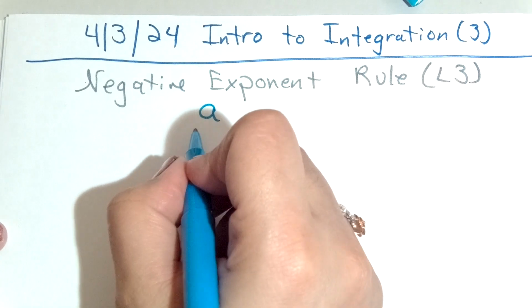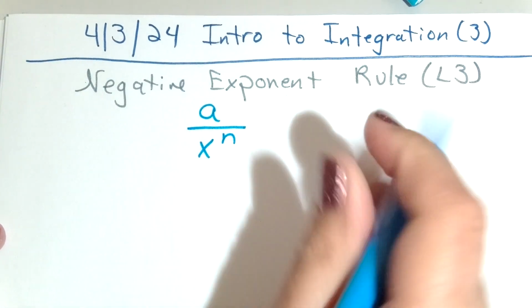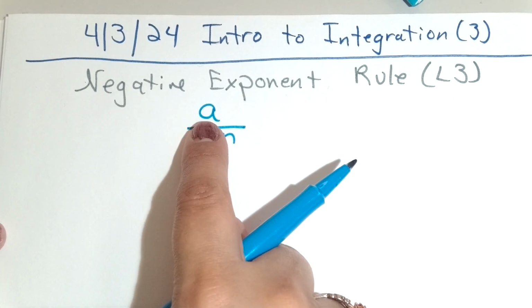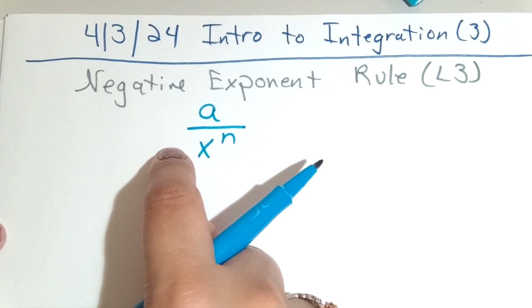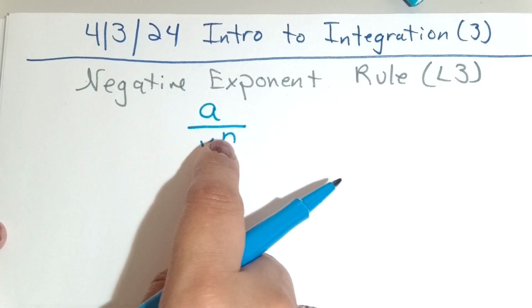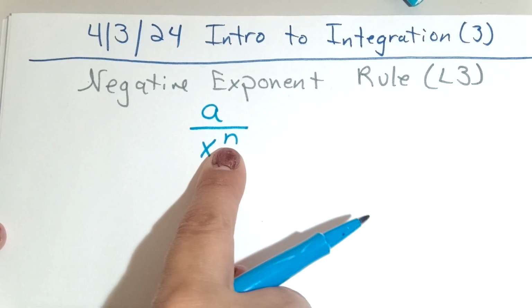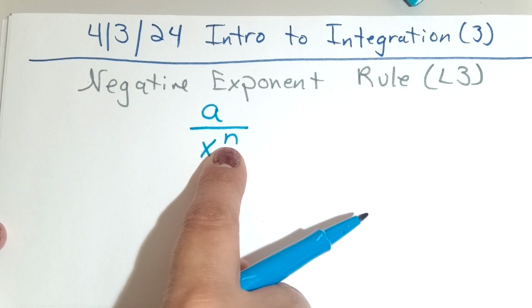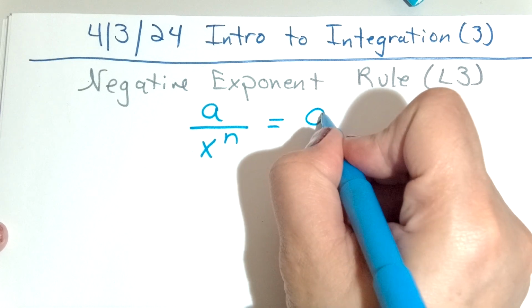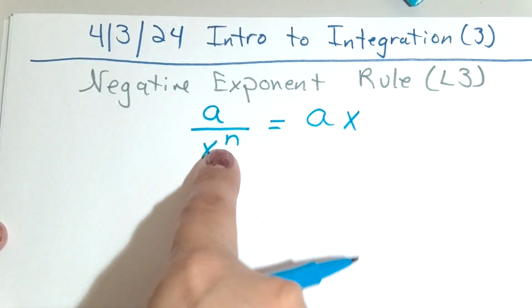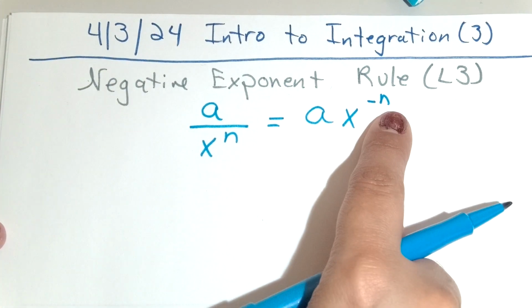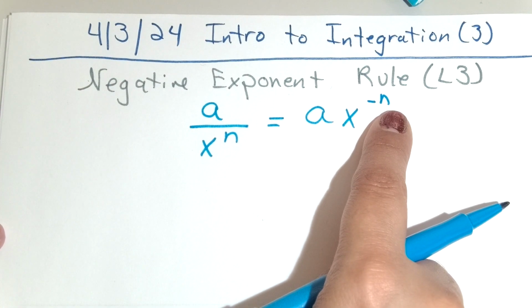So I'm giving you the rules in context of things that we've seen so far for integration. So A is just going to be the coefficient. Remember, you can have a number in front of the x down here that just creates its own fraction. But we cannot use the power rule when your exponent is in the denominator. So we need to make sure that we are creating the reciprocal of x to the n and bringing the exponent to the numerator and make it negative. Okay?